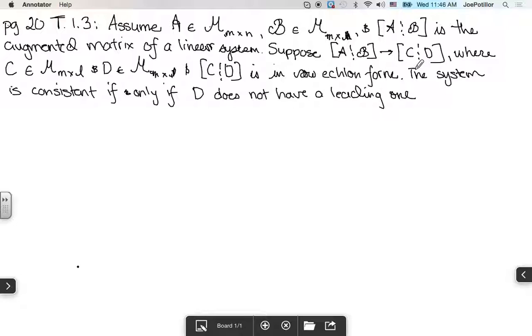This is a lot of fancy verbiage, which we'll translate into English in a minute.